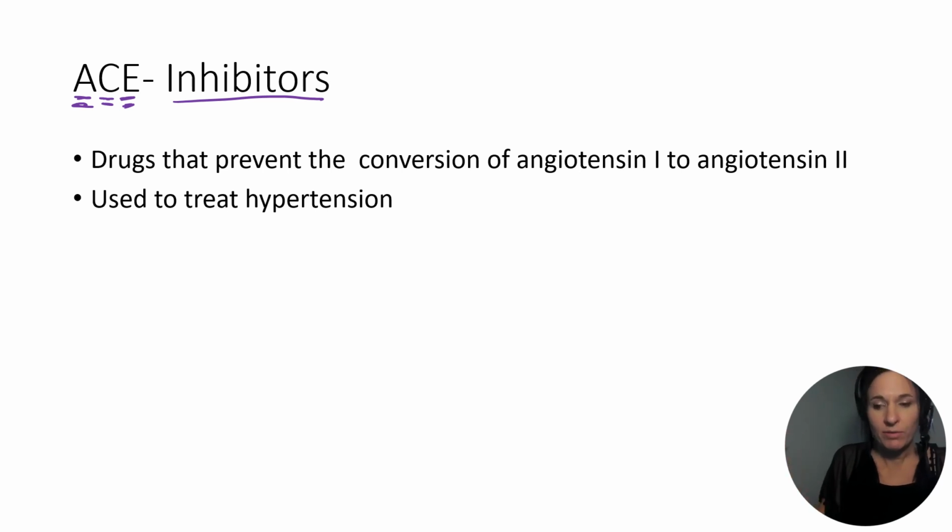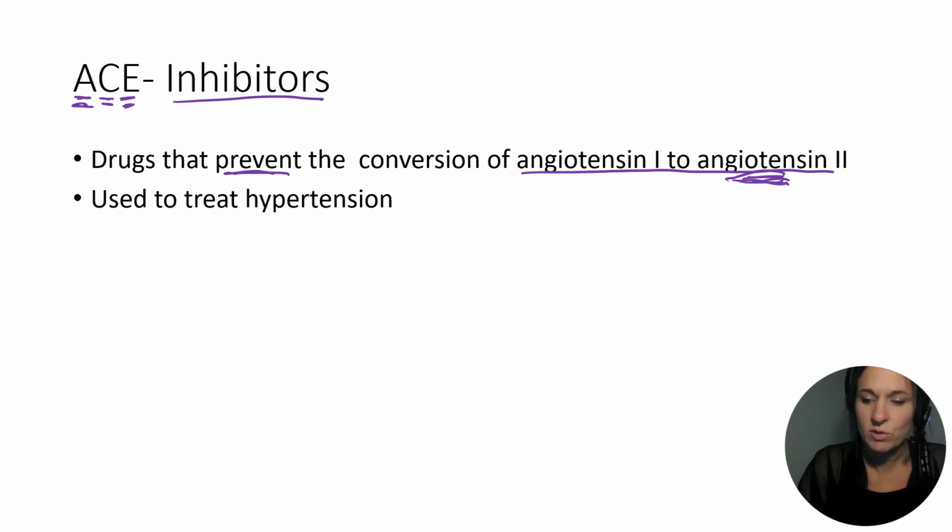If we don't have that, then we're not going to have vasoconstriction caused by angiotensin 2. We're not going to have the release of aldosterone, the increased salt and water retention, or the increase in blood pressure.